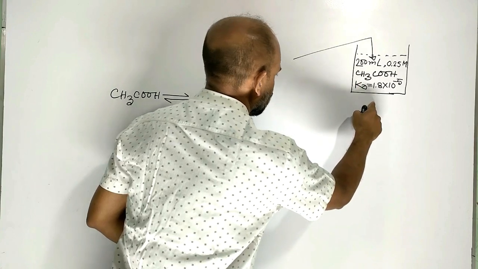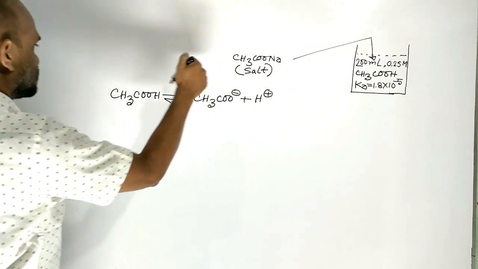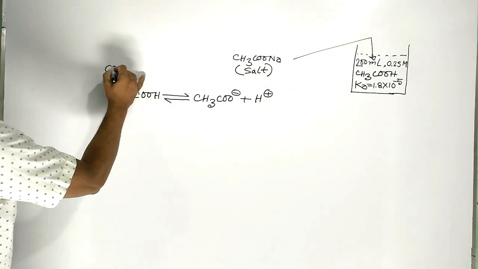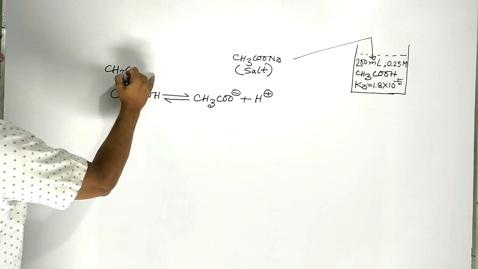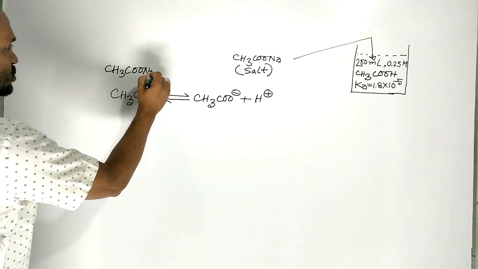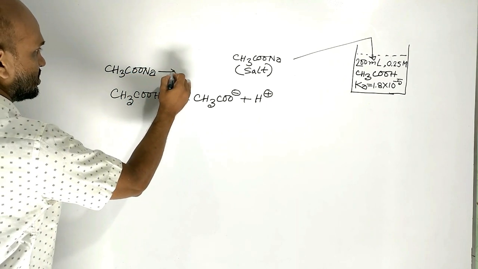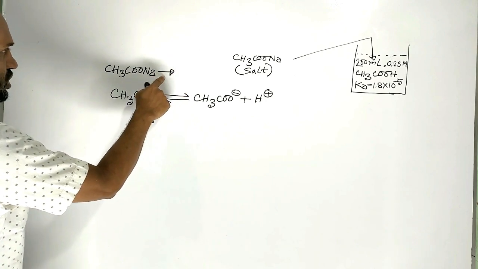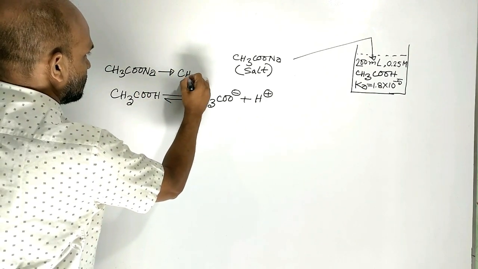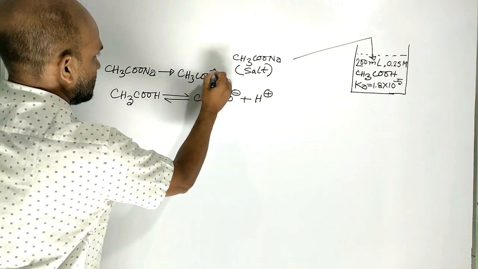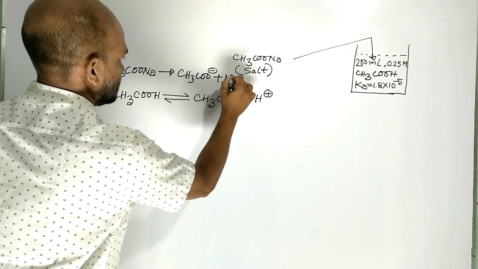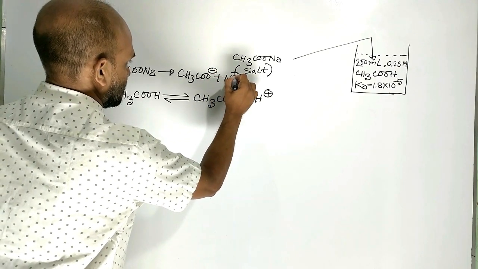Then in this solution, the salt of weak acid and strong base, sodium acetate, ionizes fully to form acetate ion and sodium ion.